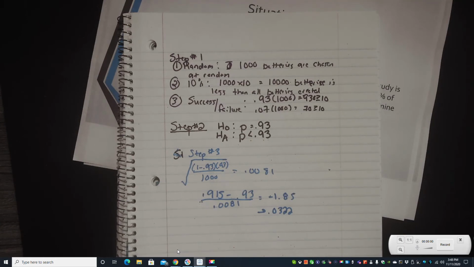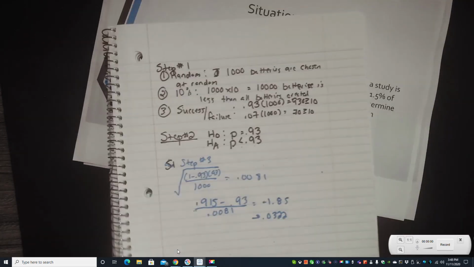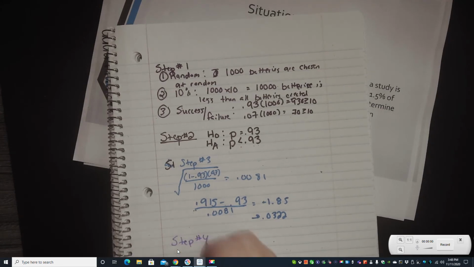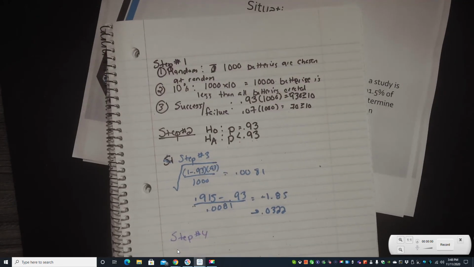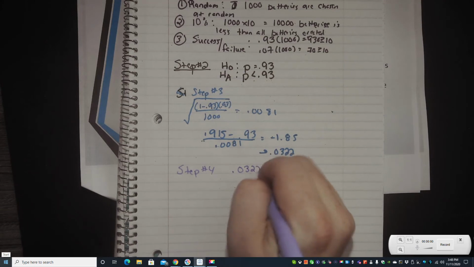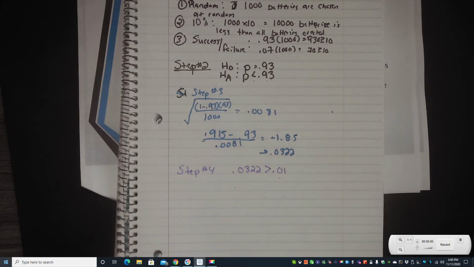However, since we've lowered the alpha level to 0.01, at this stage, instead of weighing it against 0.05, we weigh it against 0.01. 0.0322 is actually greater than 0.01. So because we're using a 0.01 alpha level, we are still going to fail to reject the null hypothesis.